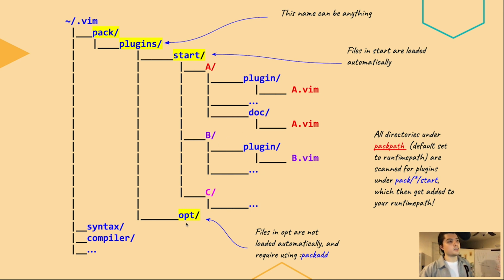And then finally, opt is the second main type of package you can put in. These are packages that are not loaded automatically on start, but you can optionally load them by invoking the packadd command. This might be useful if you don't want to load a bunch of packages or configurations unless you really need them, because the package itself has so many different scripts, not just the ones in Autoload.